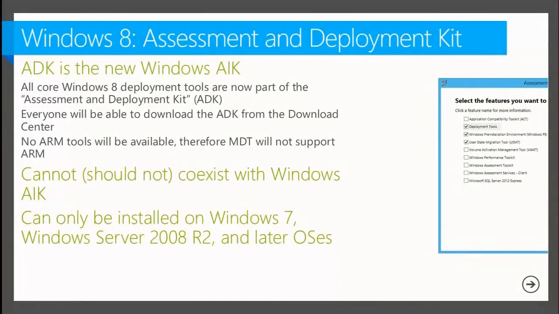If you try to put both of them on one machine, or if you install them and uninstall them in the wrong order, you may break the ability to mount WIM files. Otherwise, everything will probably work okay. Fortunately, it's not that hard to fix the mounting problem. There is a WIM mount driver that you'll see that's installed in the ADK folders. You just need to reinstall that driver, and that'll fix up the mounting issues.